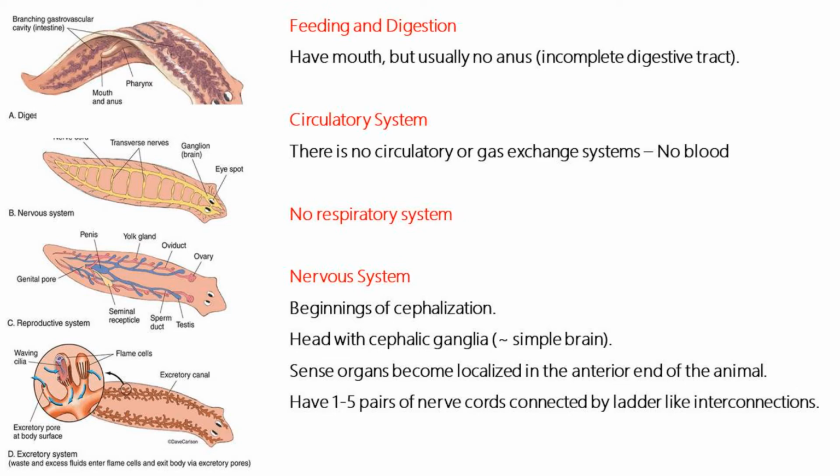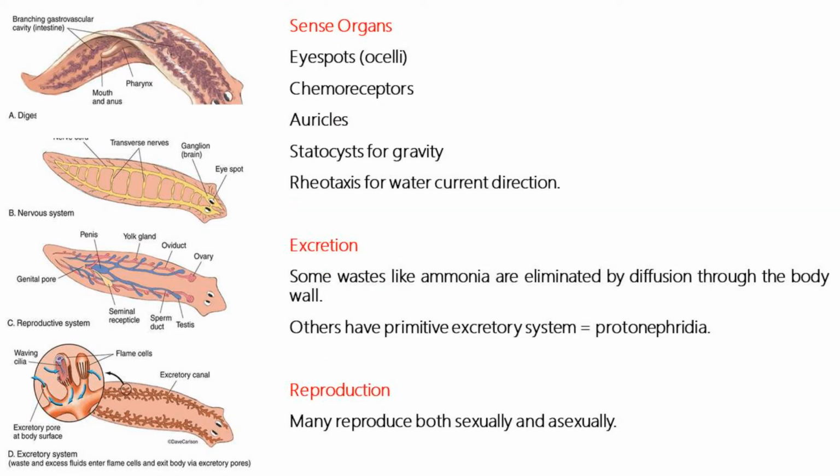They have 1 to 5 pairs of nerve cords connected by ladder-like interconnections. Sense organs: they have eye spots or ocelli, chemoreceptors, auricles. Some have statocysts for gravity and some have rheoreceptors for water current direction.